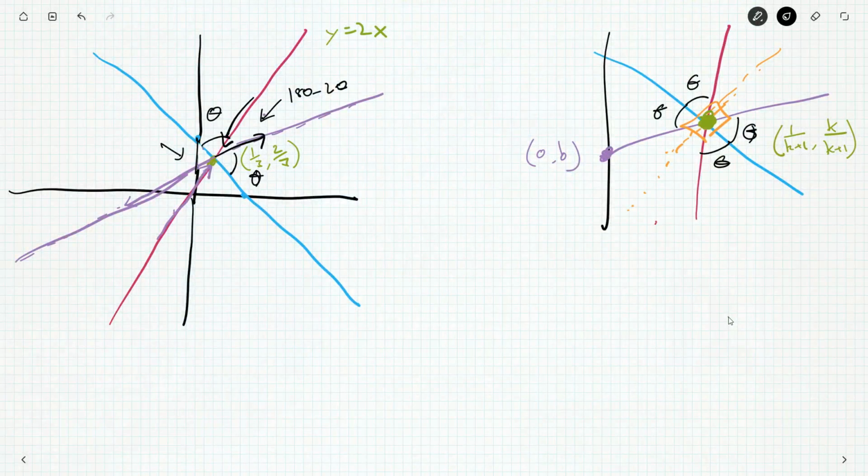I think it's got to have something to do with these angles here, but I'm not entirely sure in what way. What does it mean to have an angle theta between these two lines?